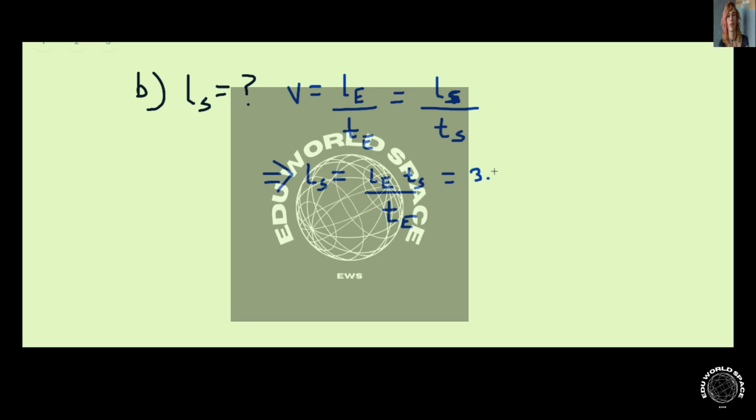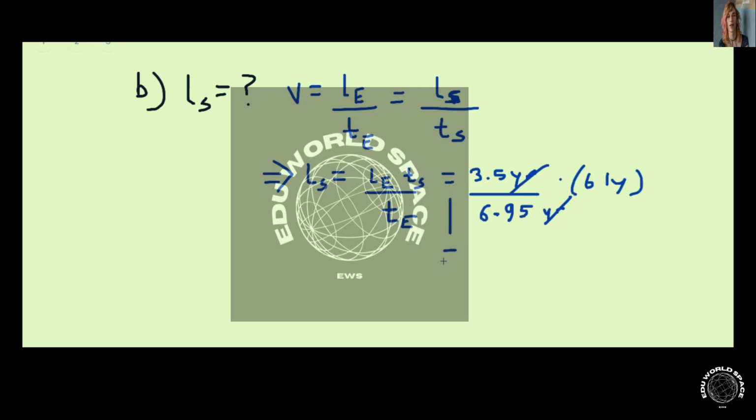And this will be 3.5 years over 6.95 years, so the years cancel, times 6 light years, which is L sub e.